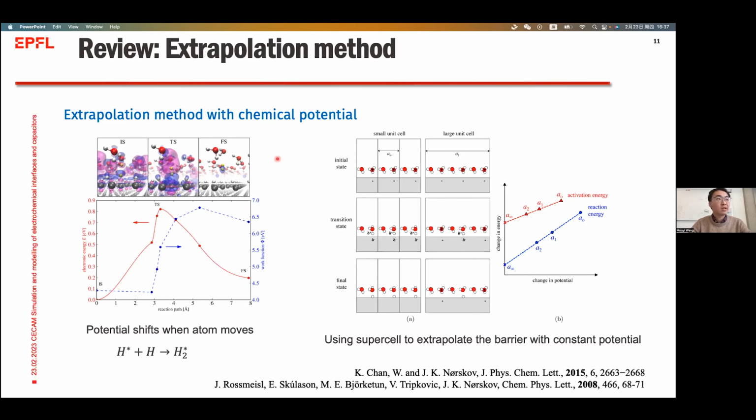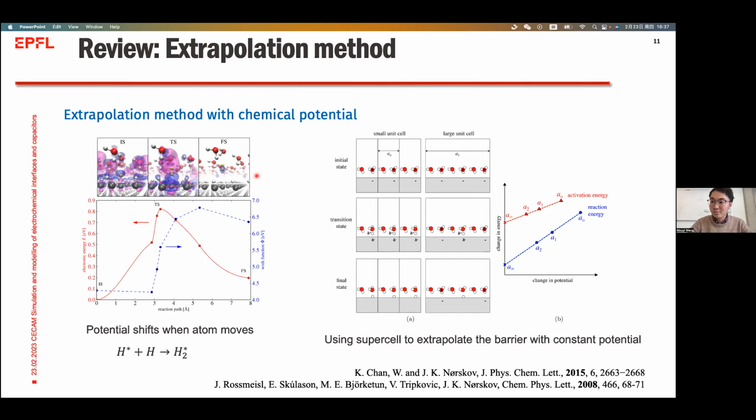In this extrapolation method, people can use supercells to predict how the potential changes. If we imagine an infinitely large solid and liquid interface, and only one atom moves from the solid surface to the liquid, the surface charge of this system changes very little, so the potential of the whole system will not change.